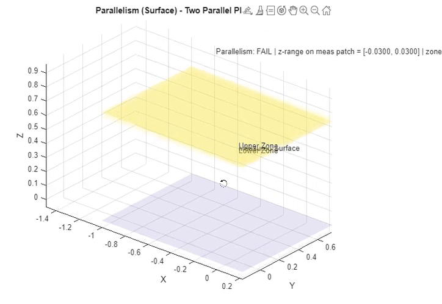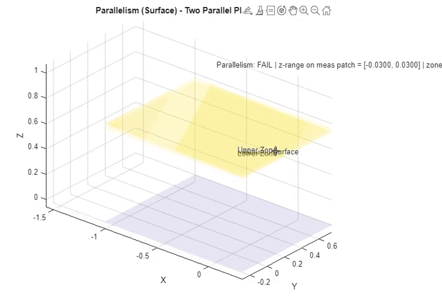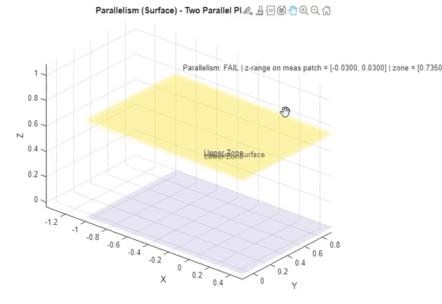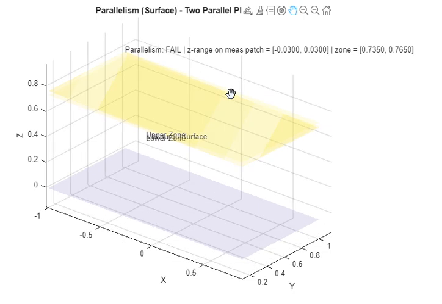Anyway, so here is your upper zone and the lower zone. You're going to have to go into here and make it really big to be able to see the tolerance zone. I'm just going to move it around so you can see the two planes. Of course, our tolerance zone is applied on the upper plane.